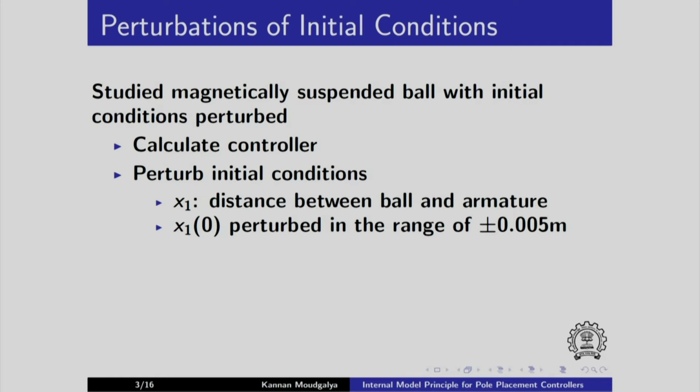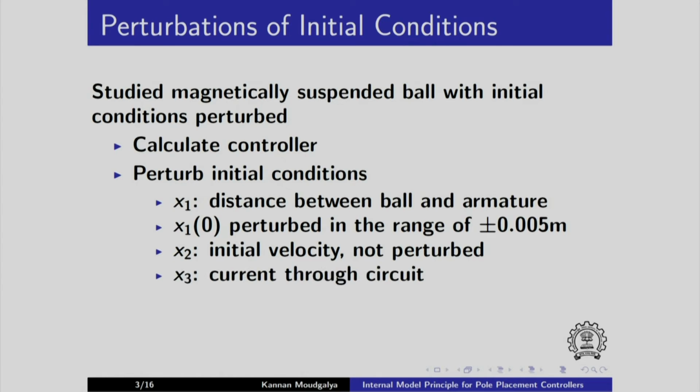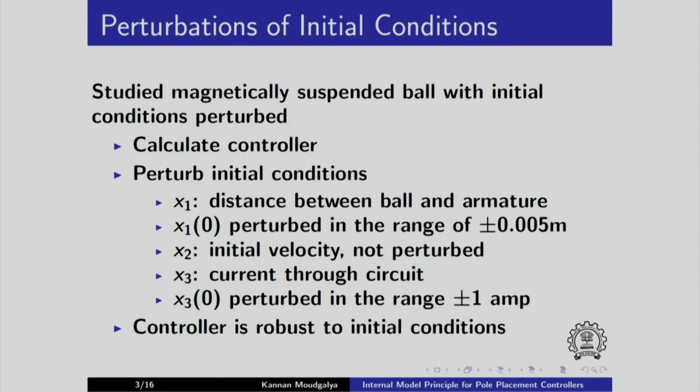The initial condition in this state is perturbed in the range of plus minus 0.005 meters, whereas x2, the initial velocity, is not perturbed. x3 is the current through circuit. We perturb that also in the range plus minus 1 amp. We found the controller to be robust to initial conditions.